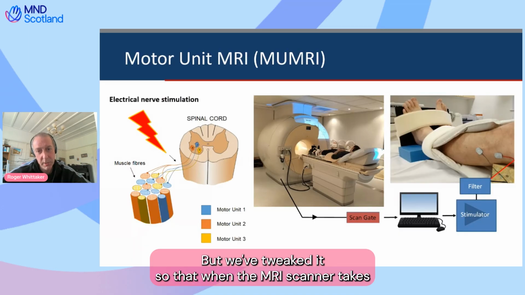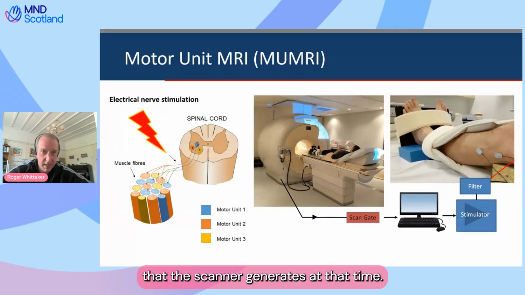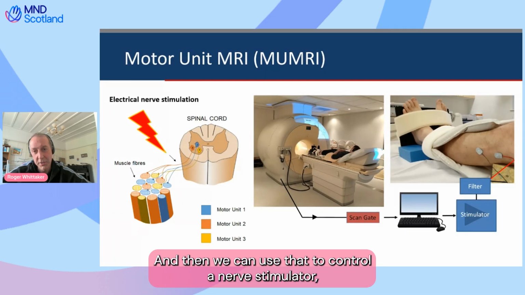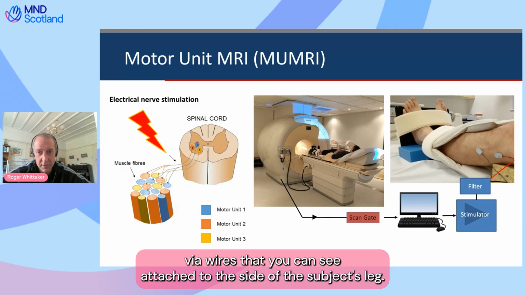But we've tweaked it so that when the MRI scanner takes an image, we can take the timing pulse that the scanner generates at that time, and then use that to control a nerve stimulator, which we then feed back into the scanner via wires that you can see attached to the side of the subject's leg.